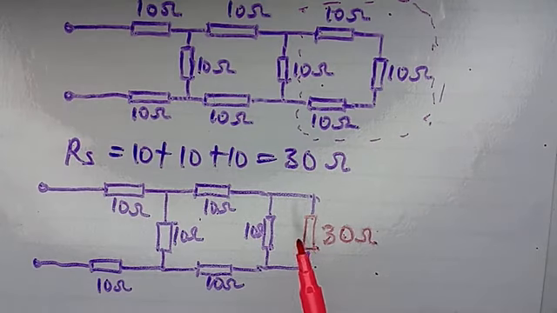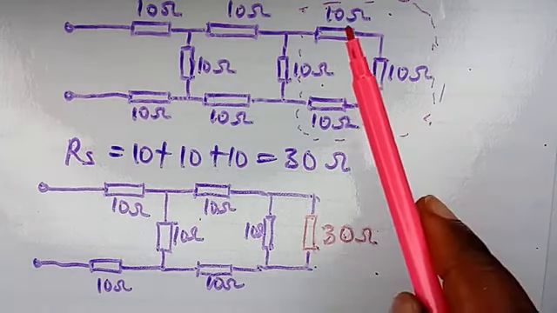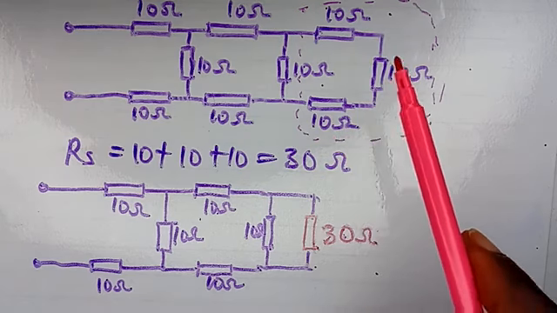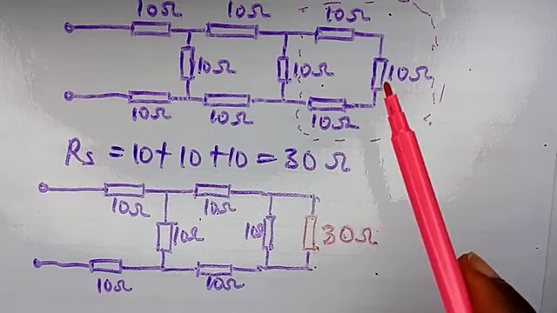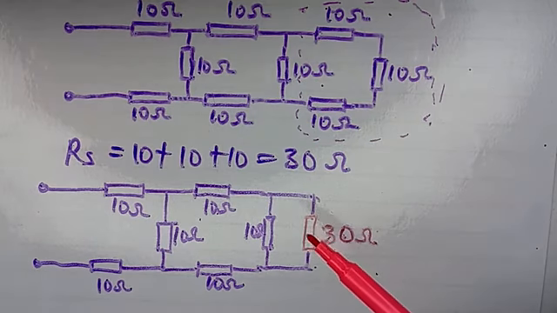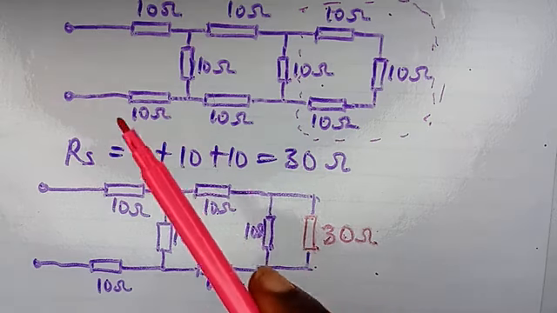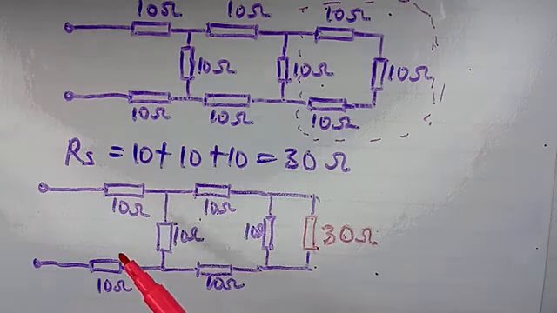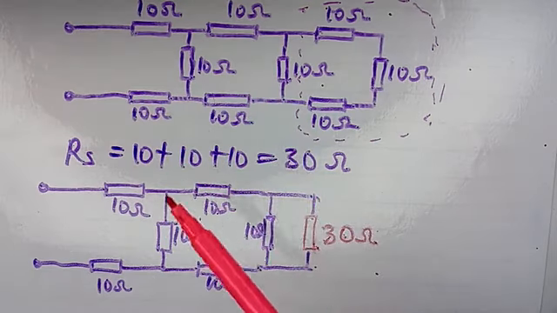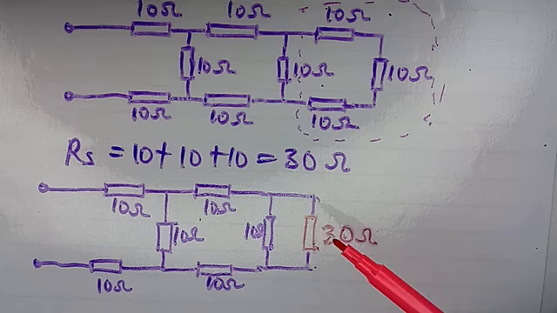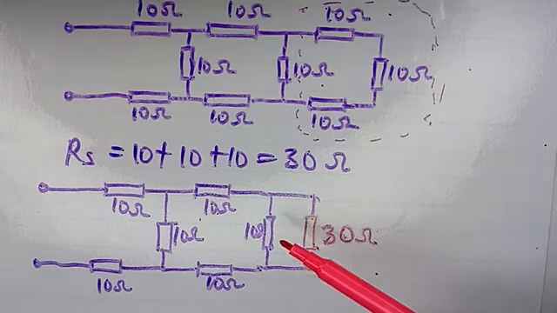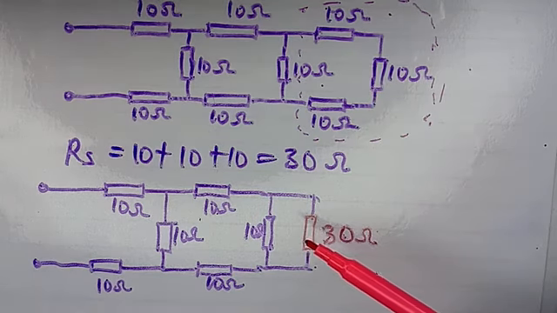So this 30 ohms here is the one we resolved this set of 3 series resistances to be equivalent to. So this is redrawn. We can see this corner is this corner, right? And this is this, right? So we now replace this with this.